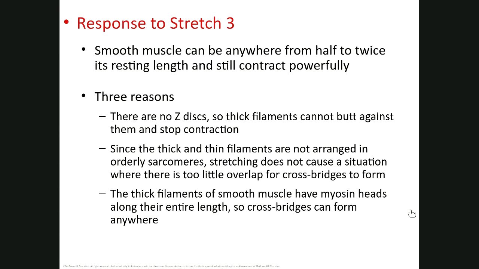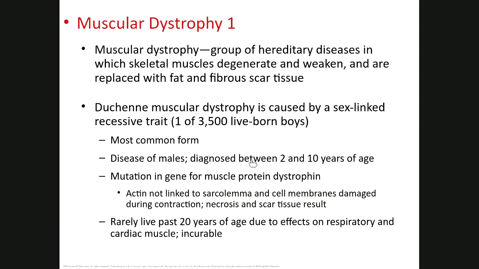Now, there will be some conditions, let's go for the abnormalities, some conditions that can exist that are considered out of the norm. If you have muscular dystrophy, this is a hereditary disease where the skeletal muscle weakens and may even degenerate.